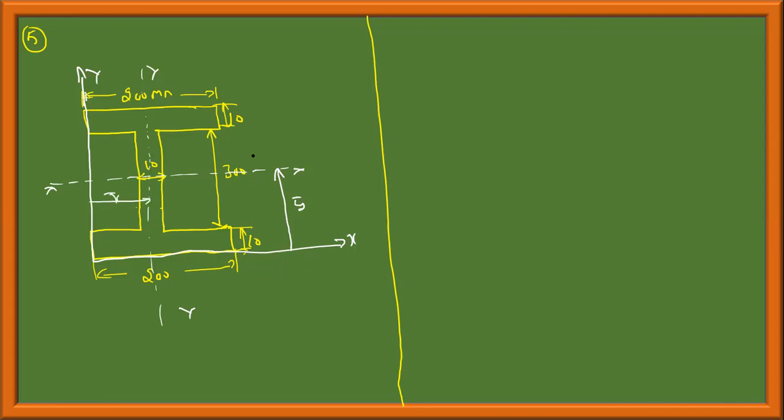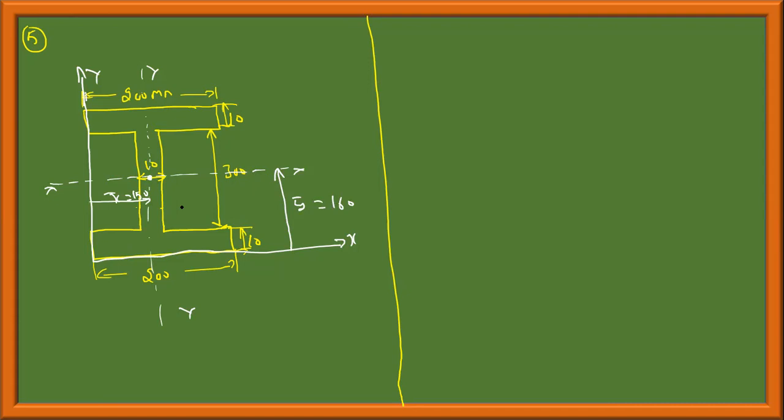Y bar will be half of this 320, in the sense 160. X bar, 200, x bar will be 150. So if I assume this as centroid, the centroid will be at a distance of 150 from the y-axis, and at a distance of 160 from the x-axis.